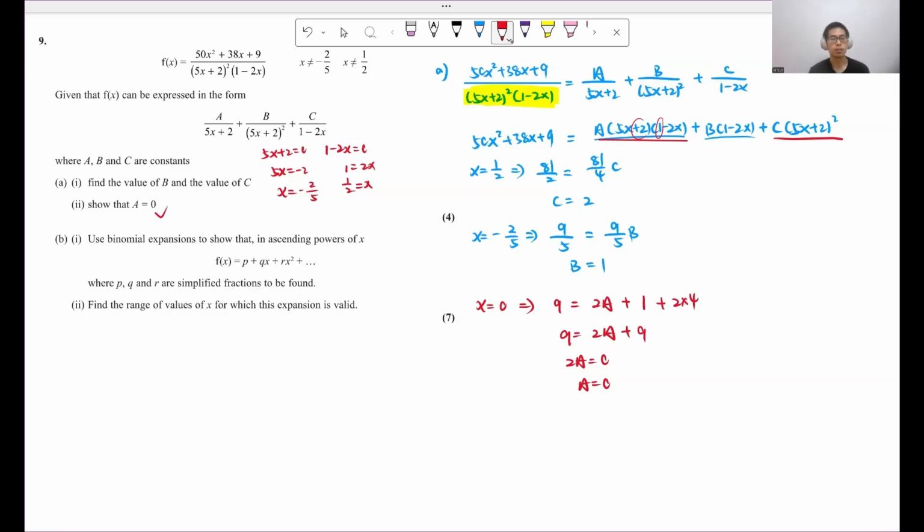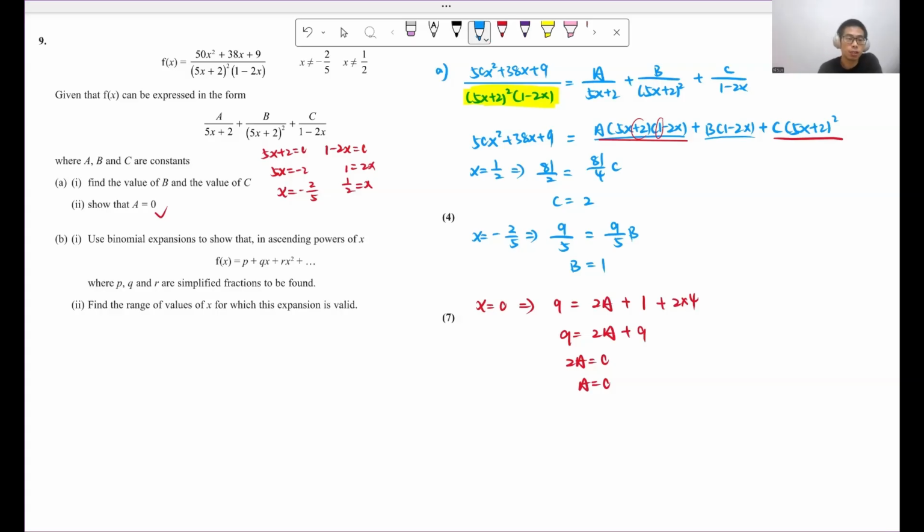And then part B(i). Use binomial expansions to show that in ascending powers of x, f(x) is equal to p plus qx plus rx squared, where p, q, r are simplified fractions to be found. We also need to find the range of values of x for which the expansion is valid.